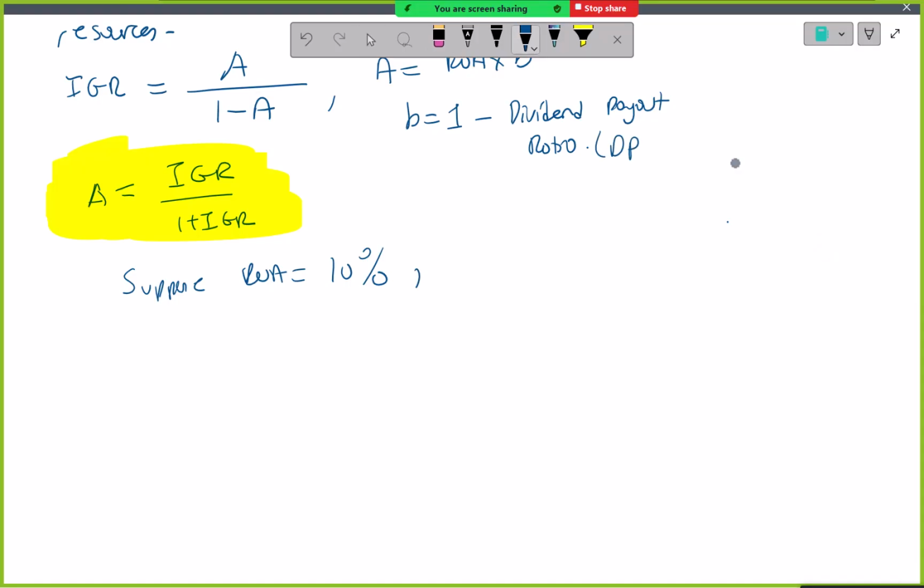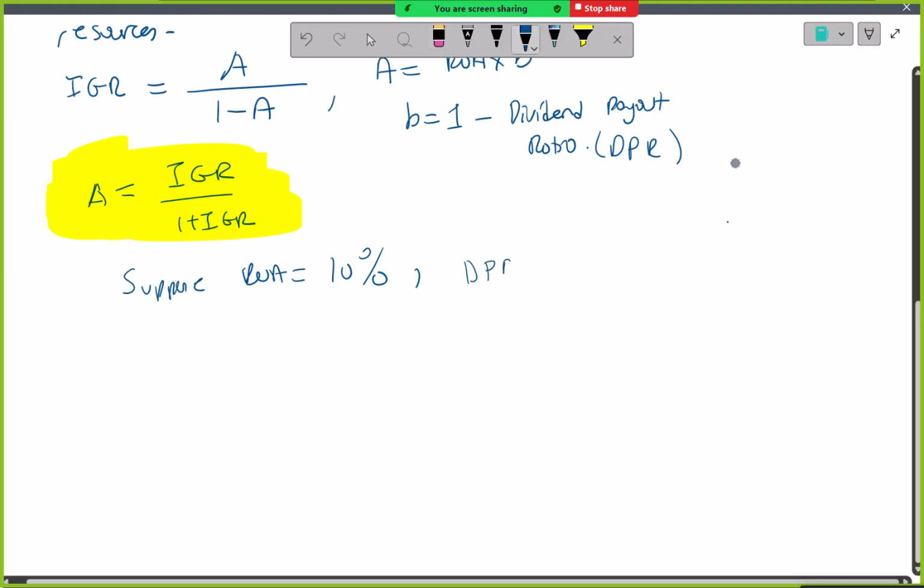This is DPR. It's not Democratic Republic of Congo. Suppose the dividend payout ratio is 30%.